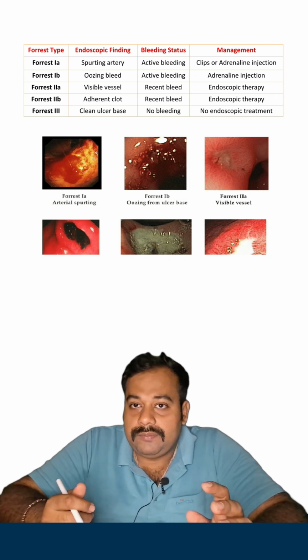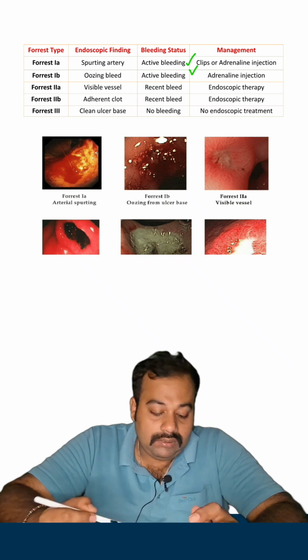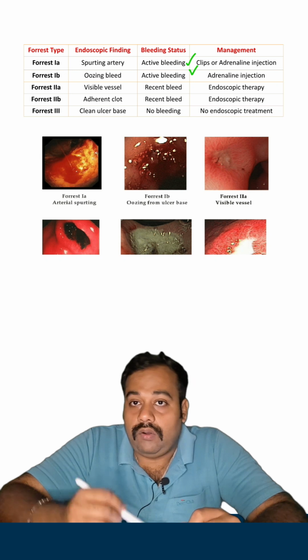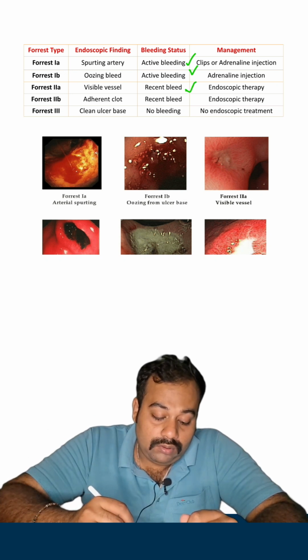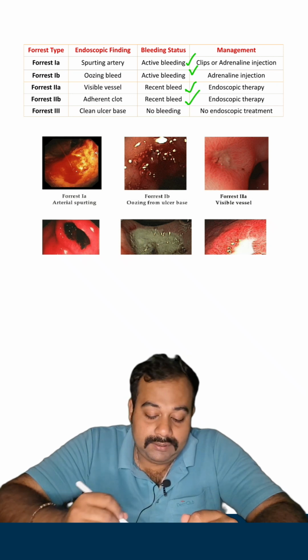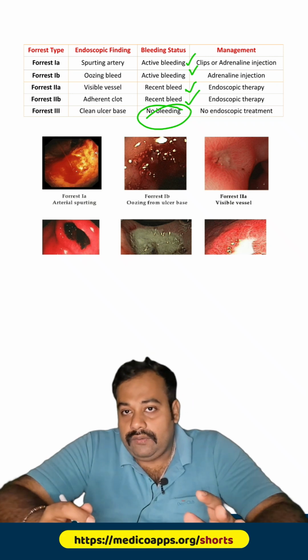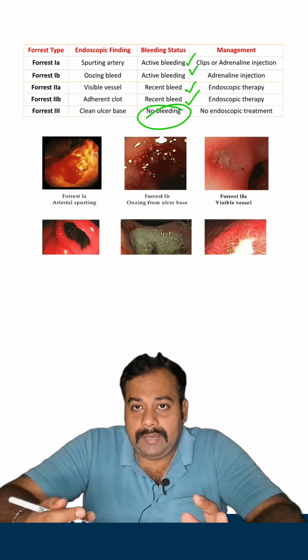Type 1 is known as active bleeding. Type 2 is evidence of recent bleeding from the site, and type 3 is no bleeding. According to that we align these cases for further management.